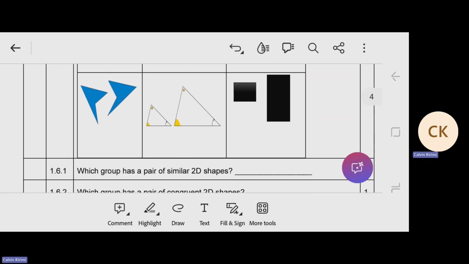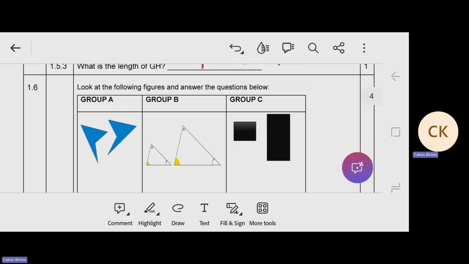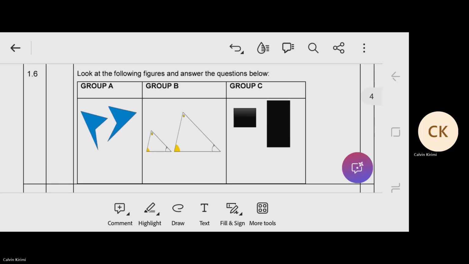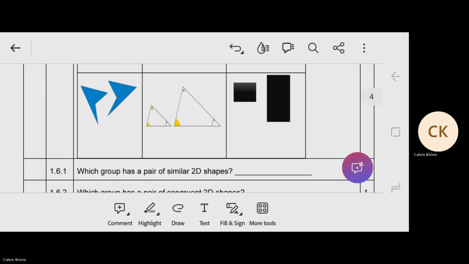Here we want the shapes that are similar, which means not exactly the same, but similar. So which group is a pair of similar shapes?